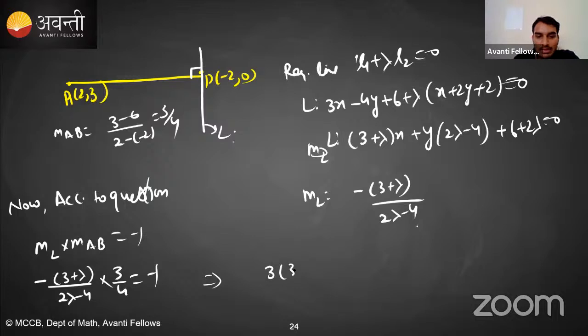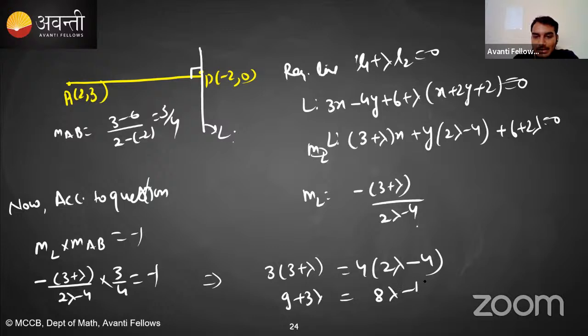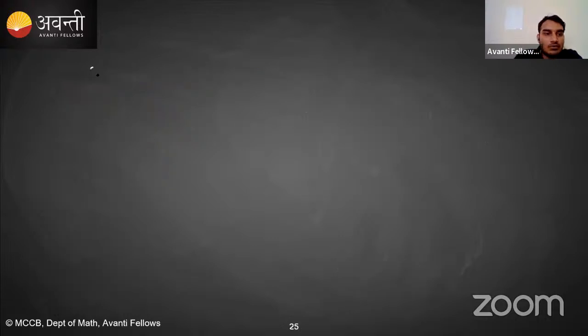So 3 into (3 plus lambda) is equal to 4 into (2 lambda minus 4). How much did we get? 9 plus 3 lambda is equal to 8 lambda minus 16. Clear? So 25 is equal to 5 lambda. So how much is lambda? 5.